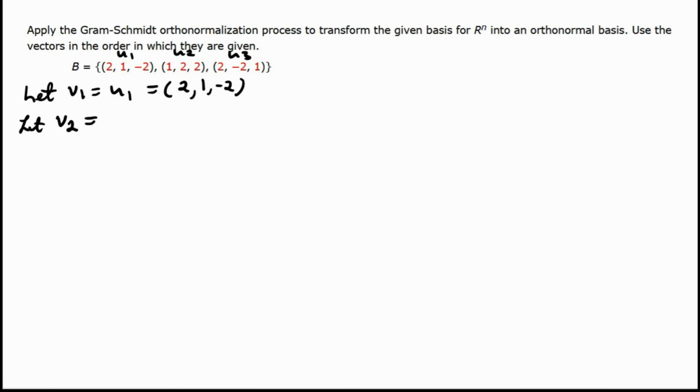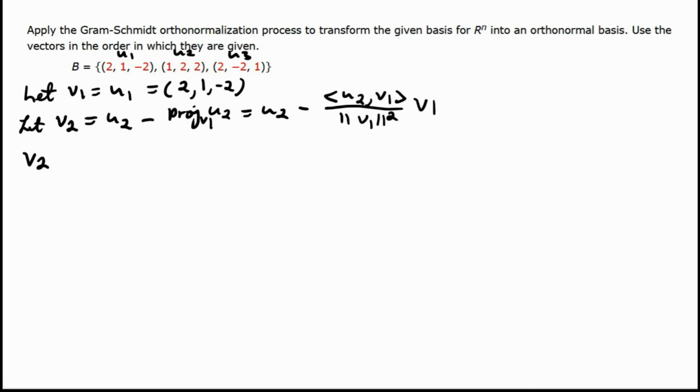Then let v sub 2 equal u sub 2 minus the projection of u sub 2 on the previous vector, v sub 1. So this is u sub 2 minus the inner product of u sub 2 with v sub 1 over the norm of v sub 1 squared, times v sub 1. So let's work that one out.